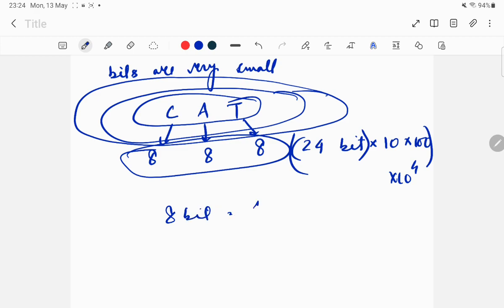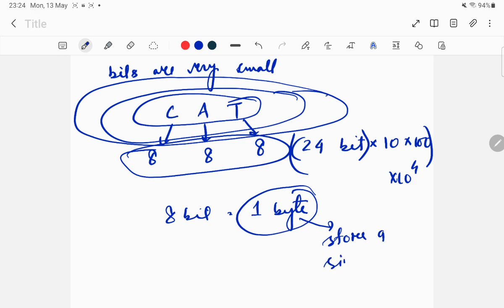That can be considered as 1 byte. If you consider 1 byte, it consists of enough information to store a single letter.